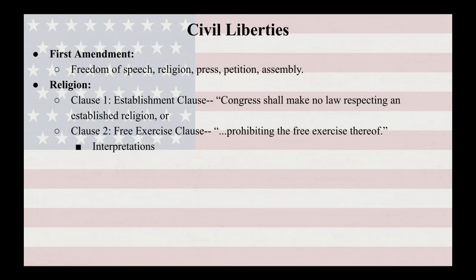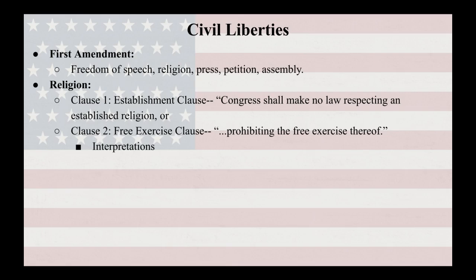And so if we look to a couple of Supreme Court cases, both of which were decided in 2005, we see sort of the inconsistencies that play out. The first case in 2005 is called Van Orden versus Perry, and it was decided by a 5-4 decision.